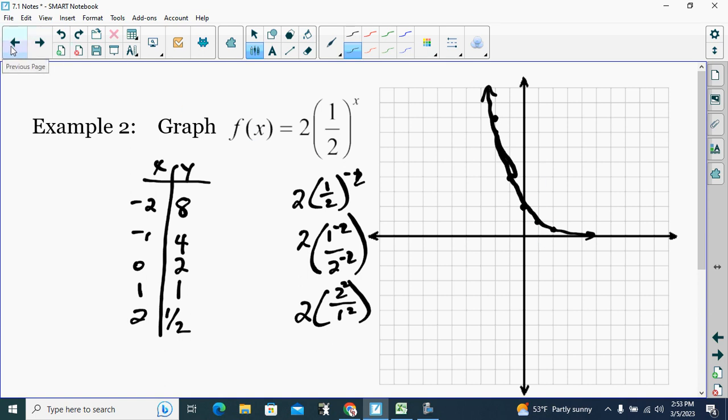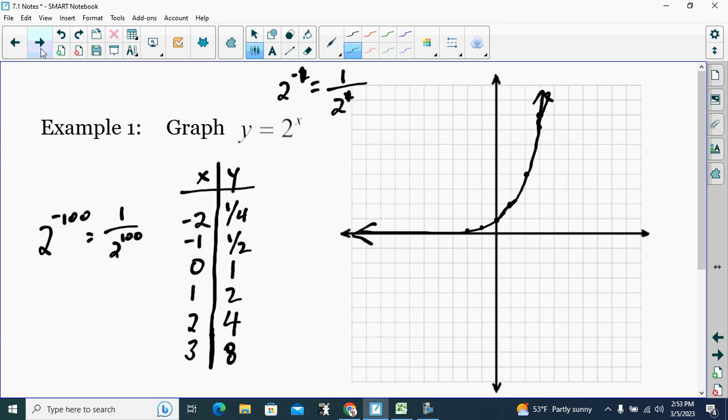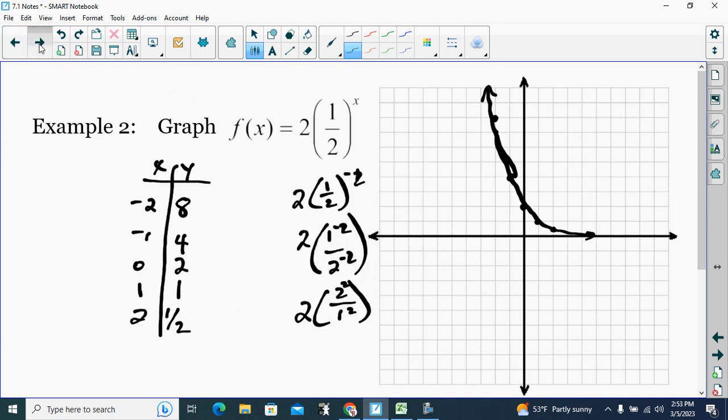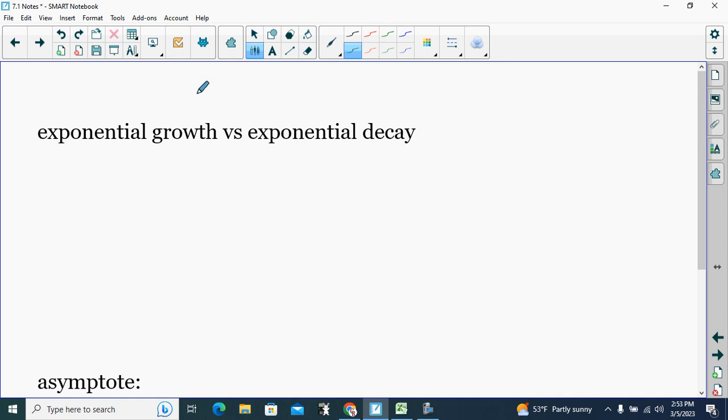The question is, how can you tell just looking at the equation if we are going to have exponential growth or exponential decay? So most of the equations start in this basic form, y equals a times b to the x. Now they might be translated or they might be flipped, but the basic form is y equals something times something else to the x.